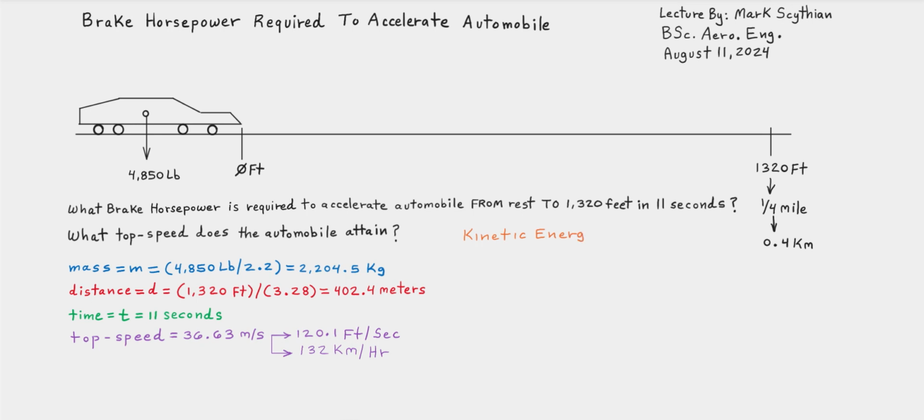So next we have to get an idea of the kinetic energy involved in the automobile's acceleration. So kinetic energy, KE, is equal to 1/2 times mass times velocity squared, measured in joules.